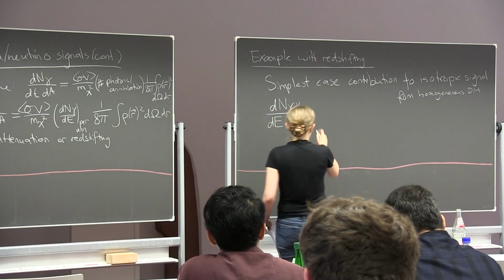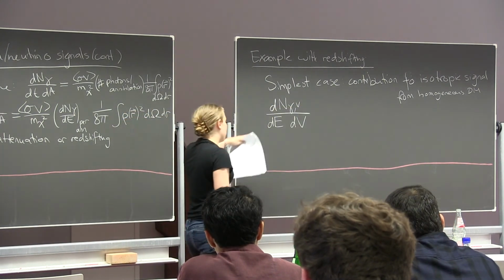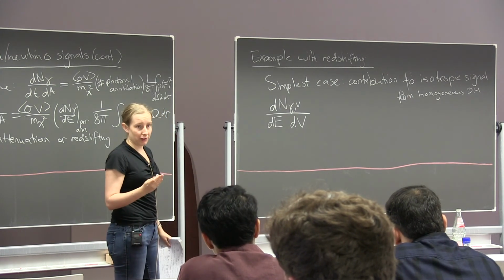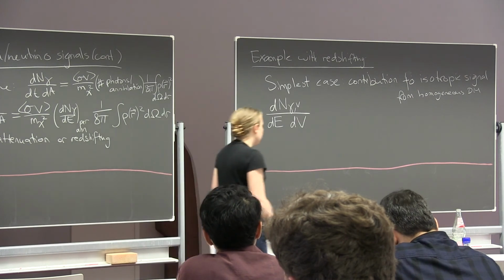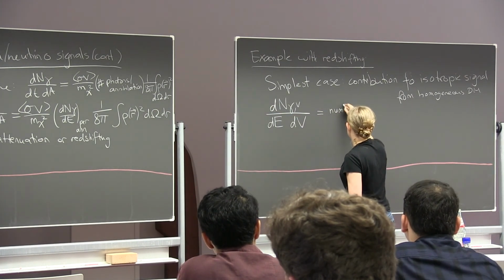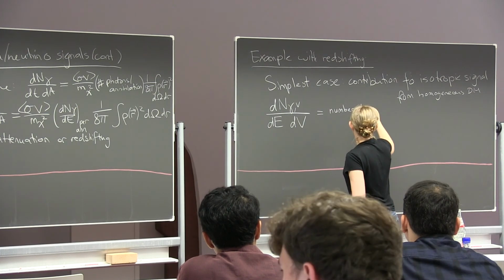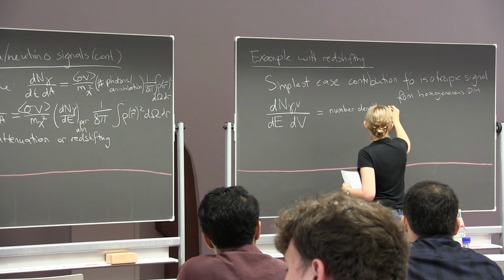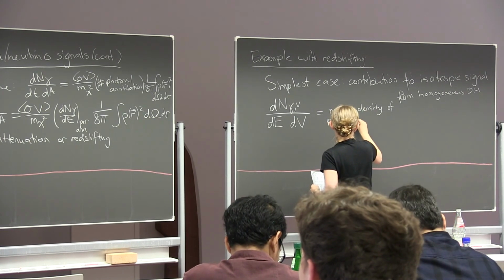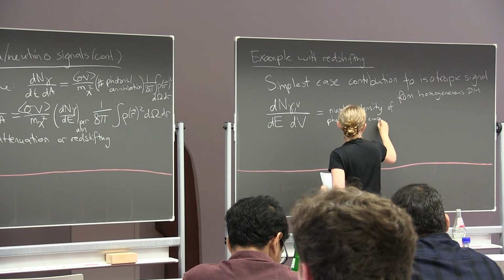Okay, so the reason that I'm going to talk about this is, this is isotropic. It's the same everywhere in the universe. So this is the number density of photons per energy.